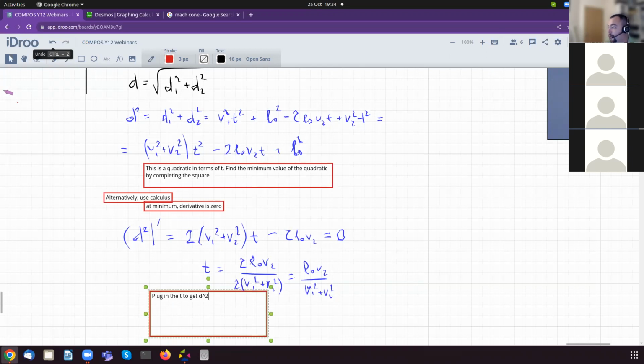Yes, absolutely. The minimum value of a quadratic is given by minus D squared over 4a. Is that so? Discriminant over 4a.